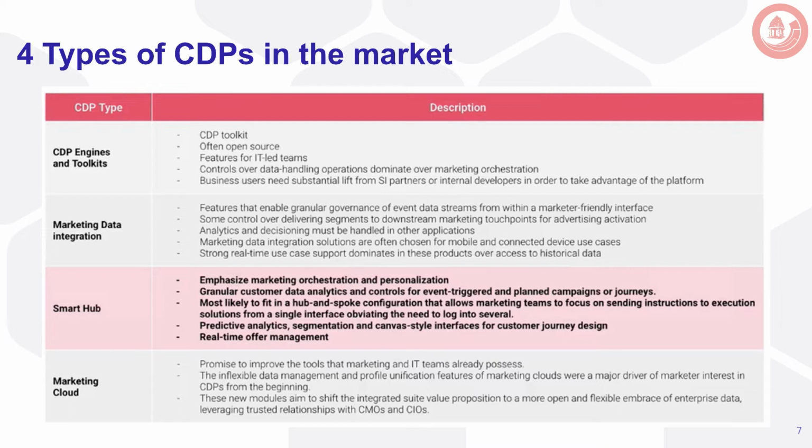And the third, which is the most important CDP type, is Smart Hub. It emphasizes marketing orchestration and personalization. Specifically, Smart Hub also provides data analytics, personalization, and last but not the least, it is marketer friendly, which means even a marketer can configure it to send personalized content.